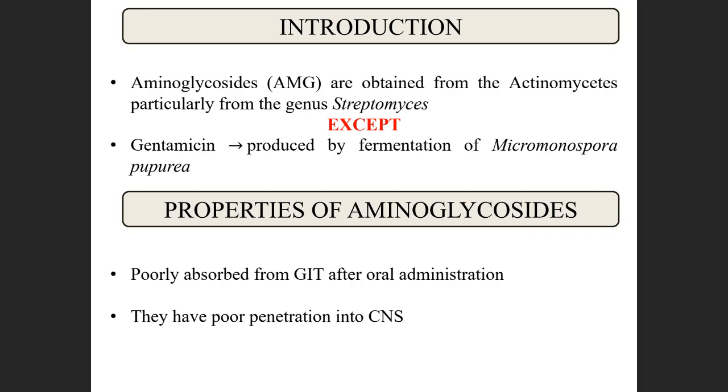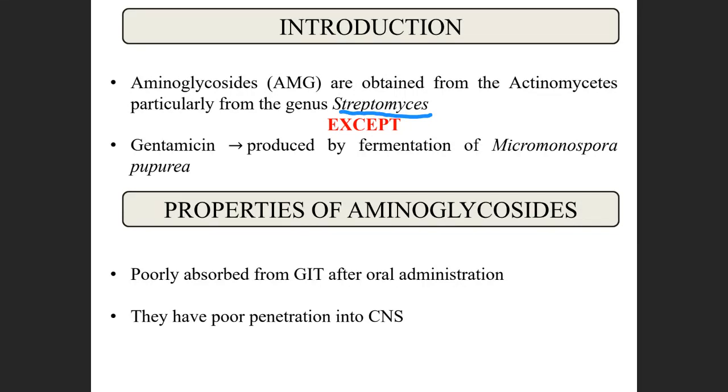So the first thing, aminoglycoside. What is this aminoglycoside? These aminoglycosides are obtained from actinomycetes, particularly from the genus Streptomyces. Maximum of all the aminoglycosides we get from this genus, except gentamicin.